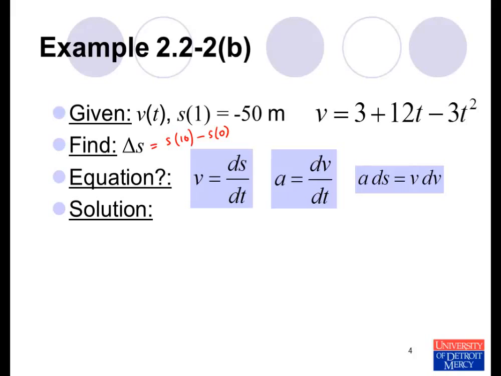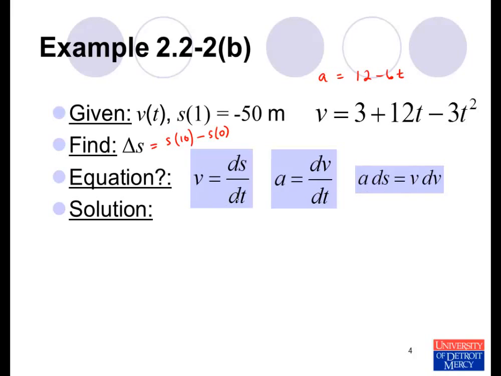Again, we want to connect what is given in the problem to what it is we're attempting to find. So we have velocity as a function of time, we have a position at a given time, and we're trying to find the change in position, or the displacement. We also implicitly have an expression for acceleration from the previous part of the problem.